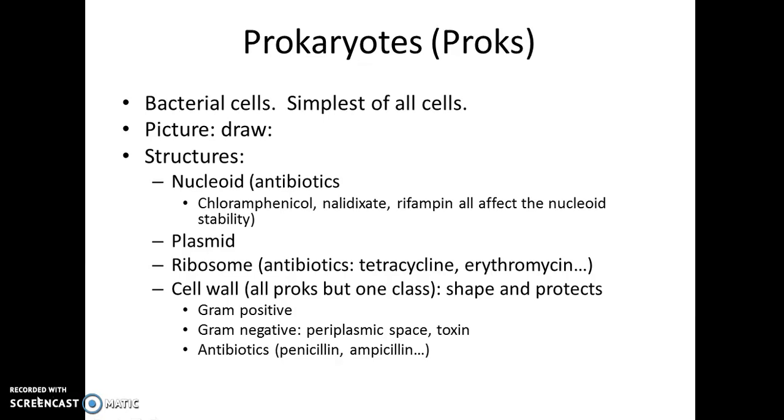Peptidoglycan is protein and carbohydrate. The gram-negative has a thin peptidoglycan layer, a periplasmic space which contains toxins, and a thin lipopolysaccharide layer. Lipopolysaccharide is lipid, which is fats, and polysaccharides, which are carbohydrates, surrounding the periplasmic space. And I will try to draw that and make a distinction in class.